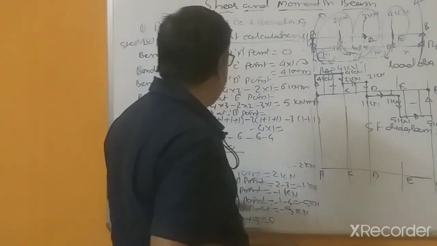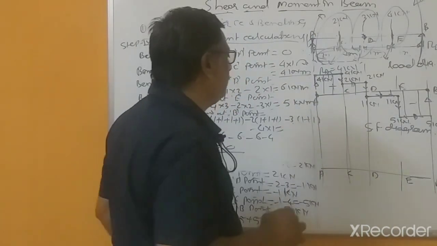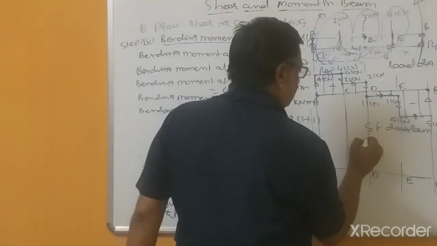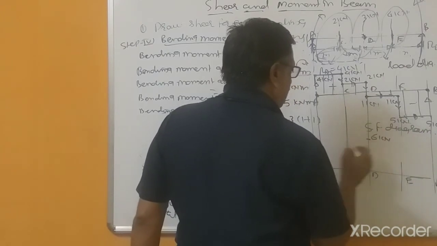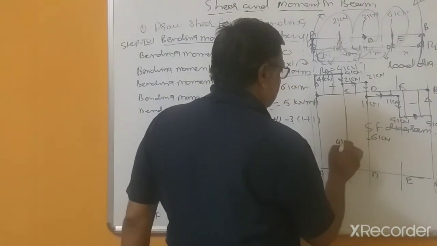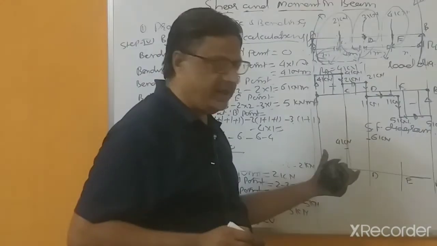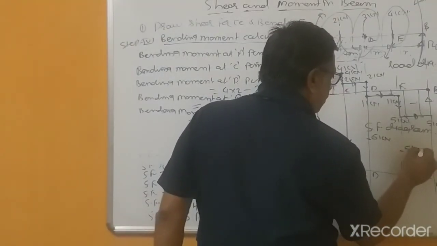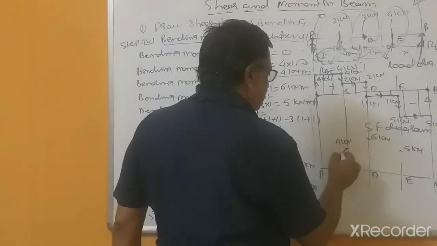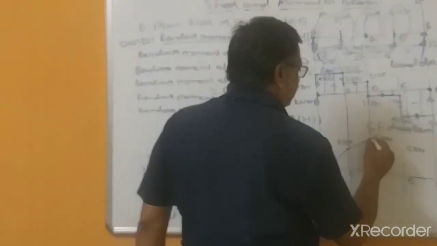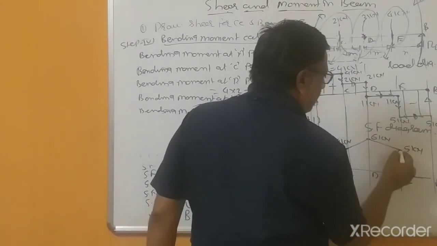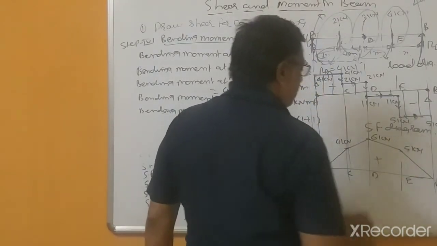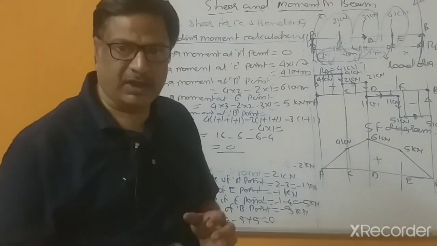Now the maximum bending moment is 6 kilonewton meter. This is 4 kilonewton meter. So approximately by taking distance, you can mark 5.5 kilonewton meter and join these by straight lines, because this is a concentrated load, and this is your bending moment diagram.